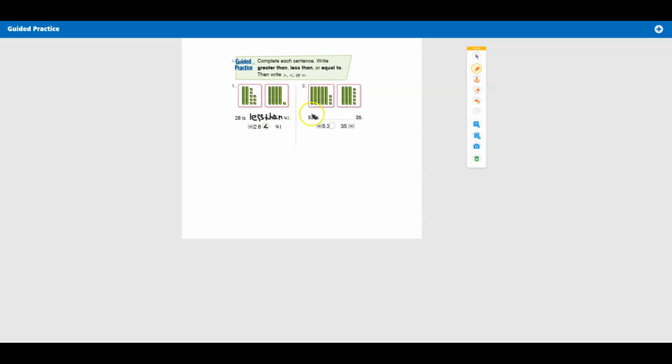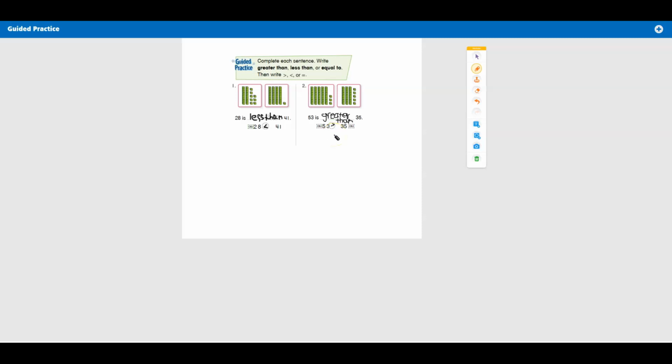The model shows 53 and 35. 53 is greater than 35. And I will write the symbol below. 53 is greater than 35.